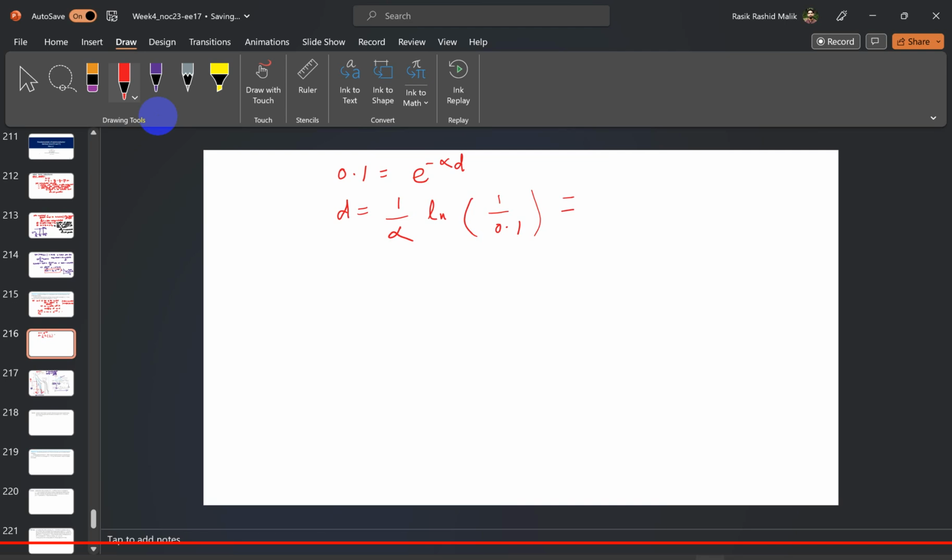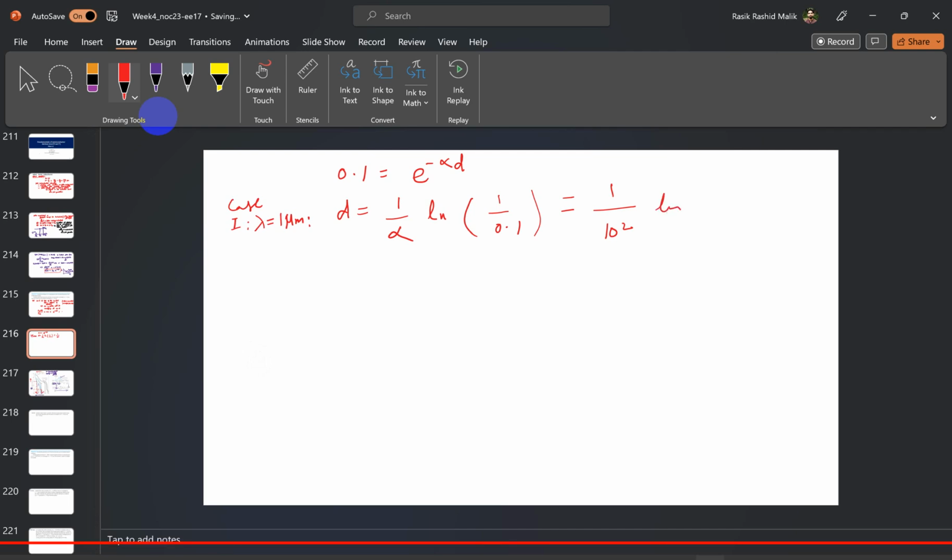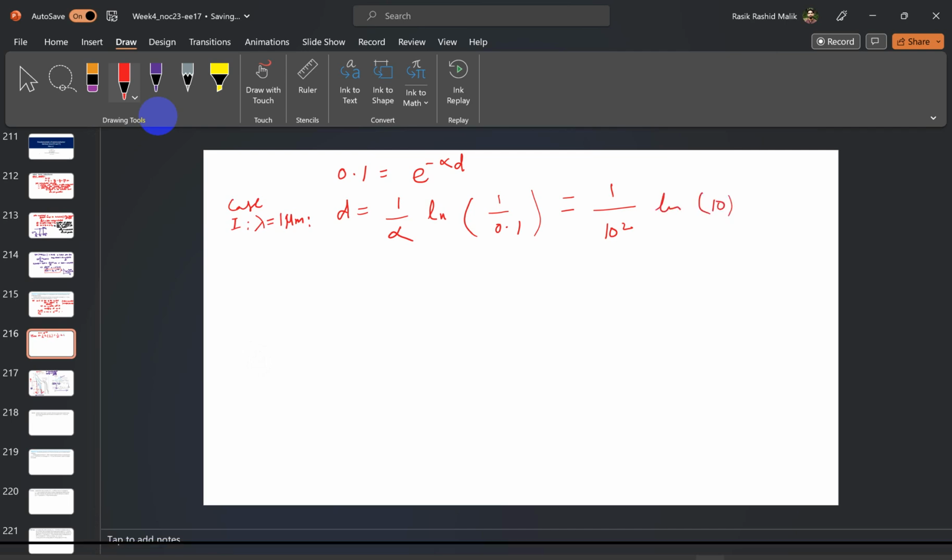So that is equal to 1 by 10 to the power 2 for case 1, when lambda is equal to 1 micrometer. So that will be 1 by 10 to the power 2 ln of 10. We have calculated, it is coming out to be equal to 0.023.